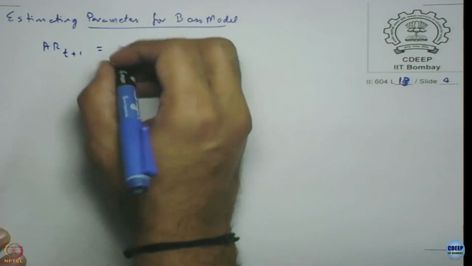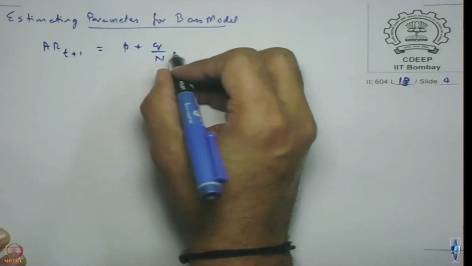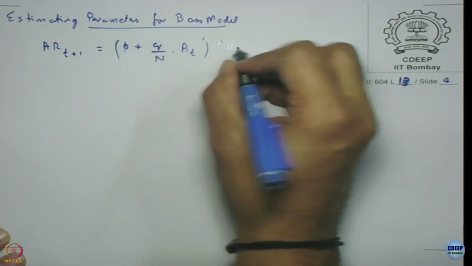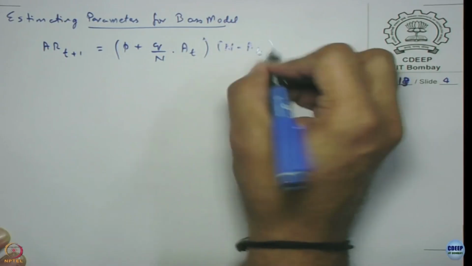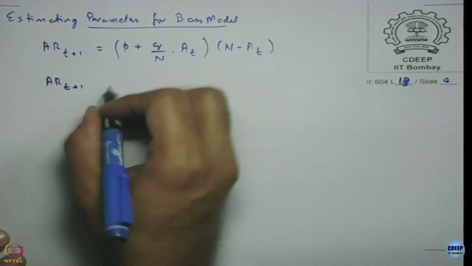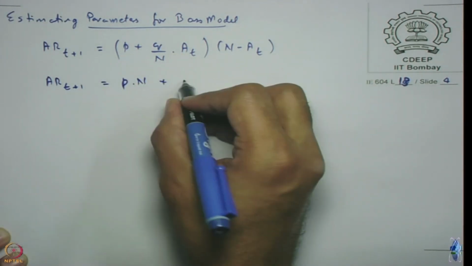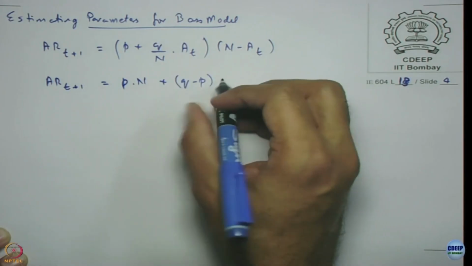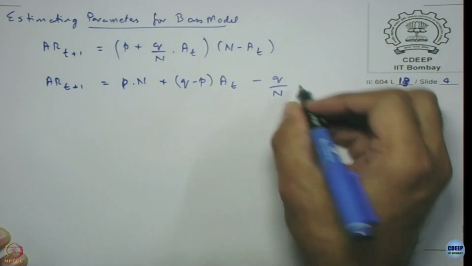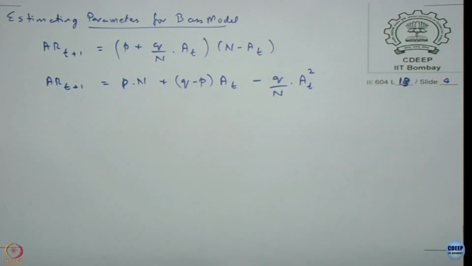Instead, let us just put AR at time t plus 1 is P plus Q by N into A_t into N minus A_t, which can be further expanded as AR at time t plus 1 is P into N plus Q minus P into A_t minus Q by N into A_t squared.